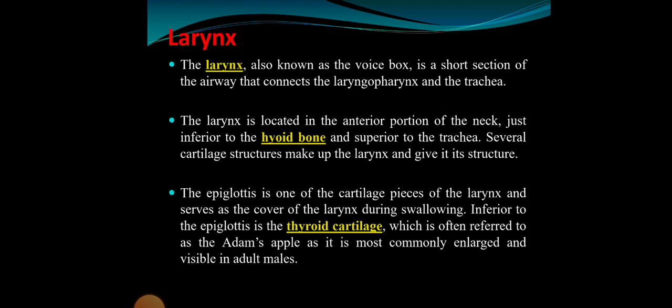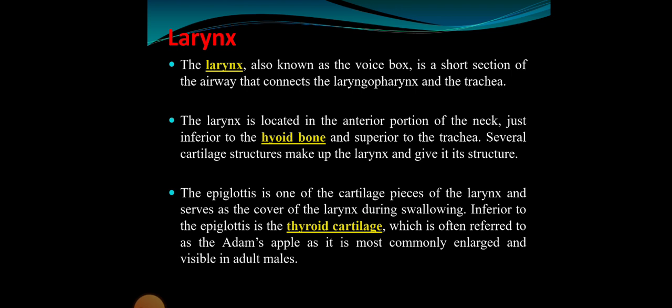The next important thing is the larynx. The larynx, also known as the voice box, is a short section of the airway that connects the laryngopharynx and the trachea. The larynx is located in the anterior portion of the neck, just inferior to the hyoid bone and superior to the trachea.